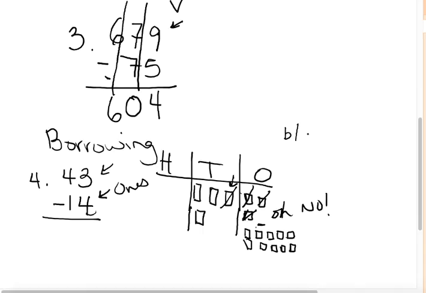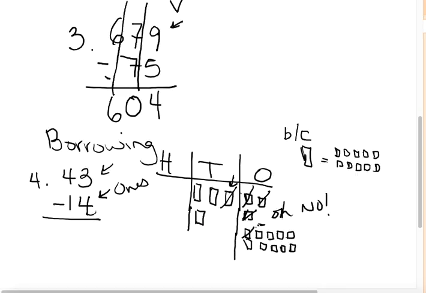Because 1 10-tile is the equivalent of 10 ones. So I've gotten rid of this. I've moved them over, and I need to take away 1 more one.